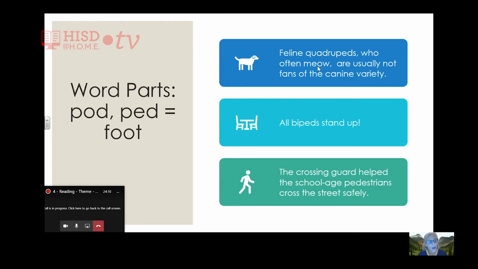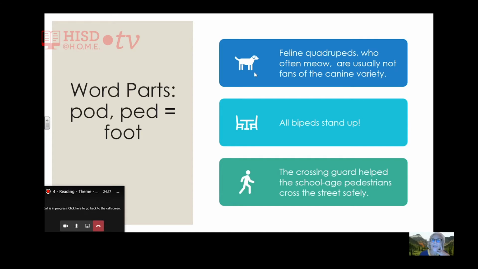who often meow. Oh, I just saw something. They often meow. Well, who meows? A cat. So I know quadruped, ped means foot, and here's a little picture of a dog.